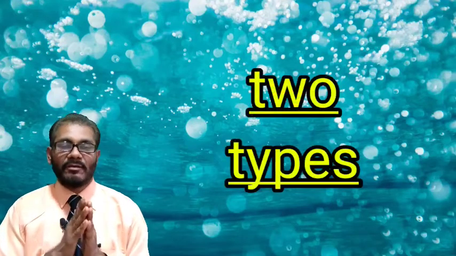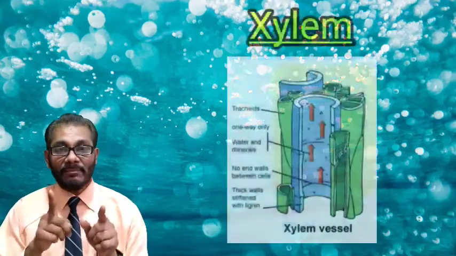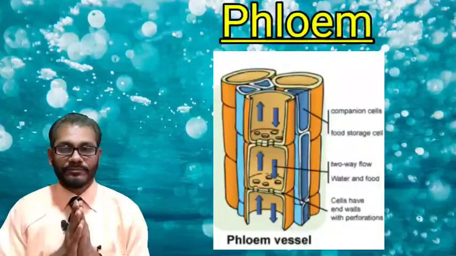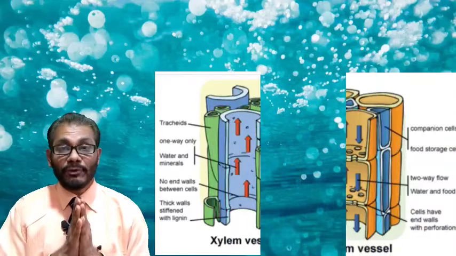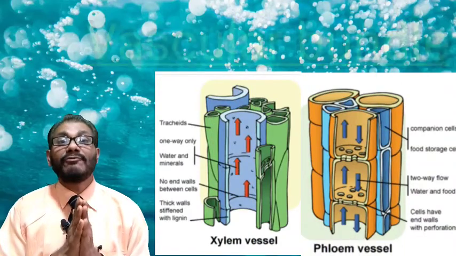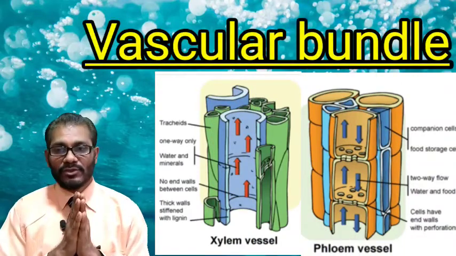Complex permanent tissues are of two types, first of all, the xylem and the phloem. Together, when we talk about the xylem and phloem, we call it a vascular bundle or the vascular tissue.